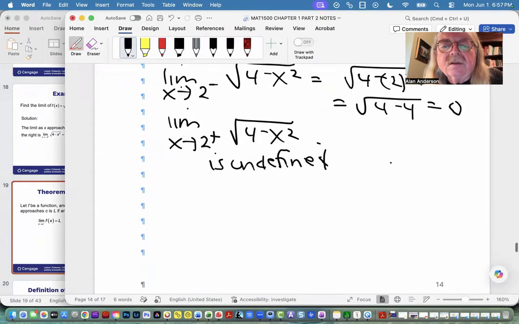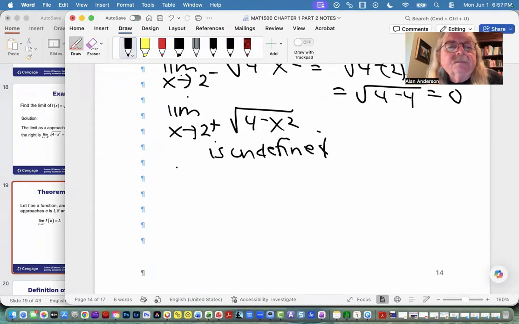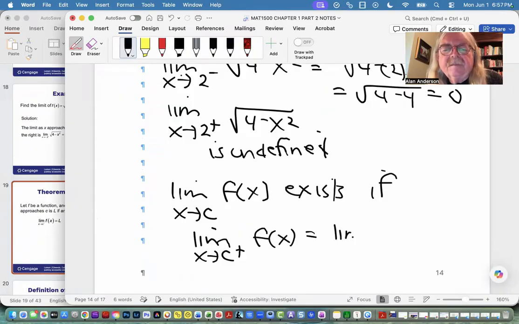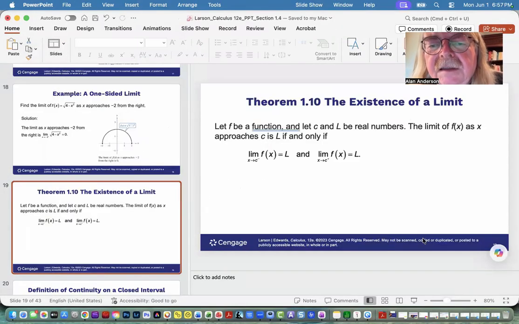Okay, so in other words, the limit of a function exists if and only if the two one-sided limits equal each other.